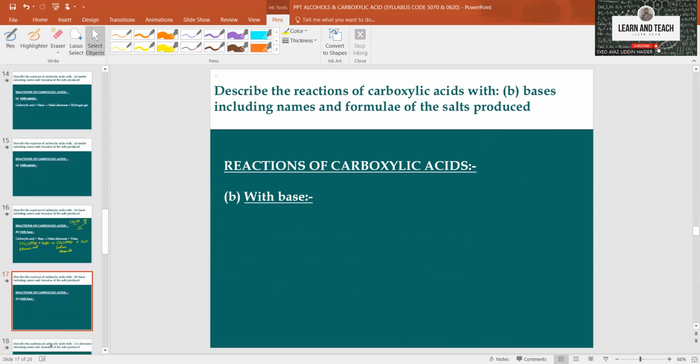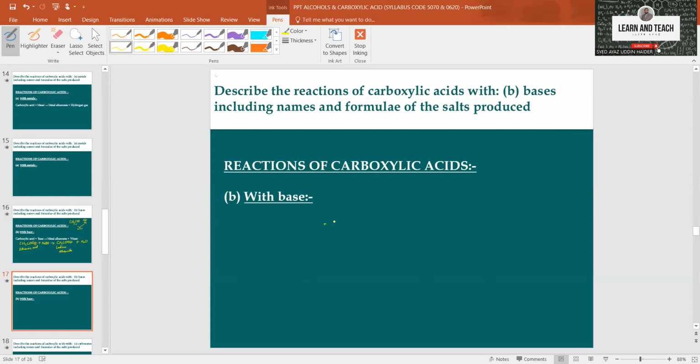In the same way, you can predict the formula for other salts produced from reaction of carboxylic acid with other bases like metal oxides.